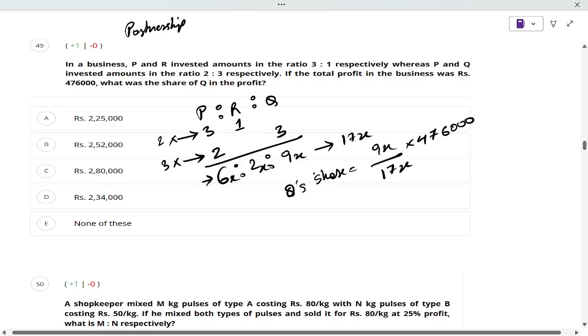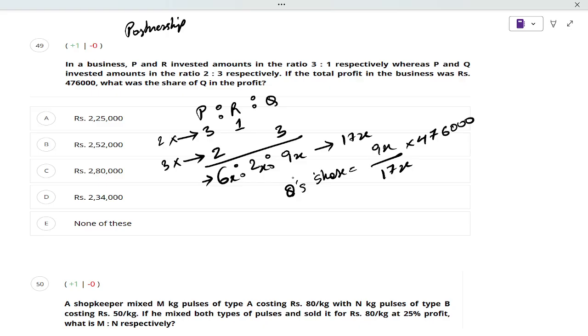So we need to cancel this. Let's give it a try. We have 476, forget about the 0. Then 17. 17 three times will give us more than 47, so 2 times will give us 34. Then here we have 136. So the 136 is a multiple of 8. 8 times 7 is 56, and so on.